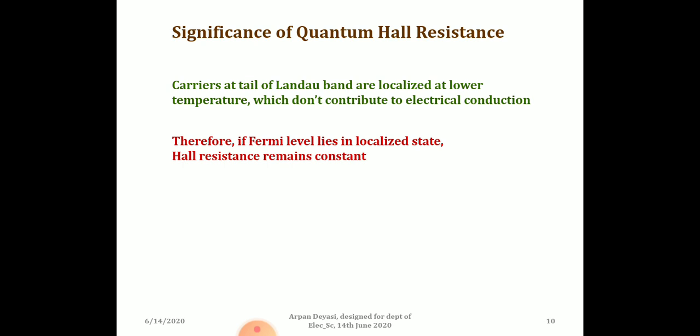So if the Fermi level lies in a localized state, the Hall resistance will remain constant. And that is one of the key findings, that magnetic field and lower temperature have a profound effect on the resistance of the material, that is the sheet resistance, as well as the resistance in ohm per square.